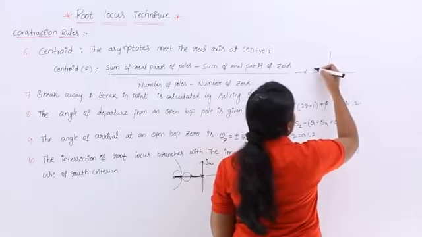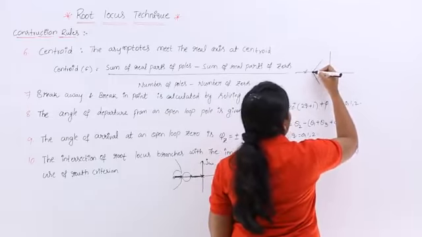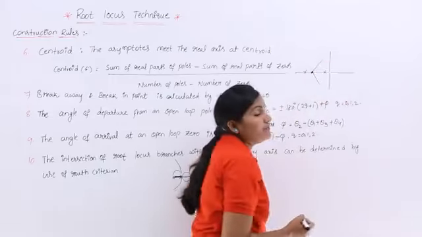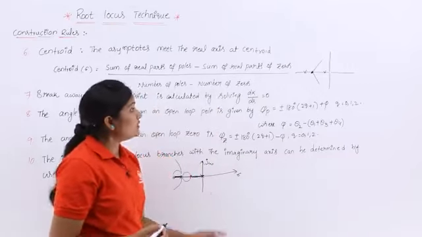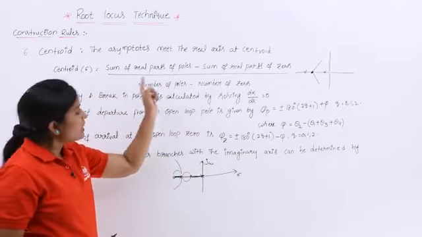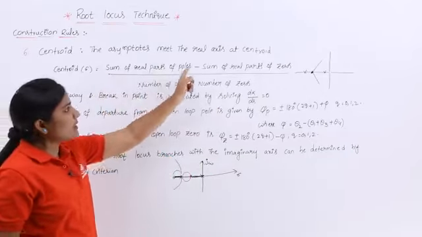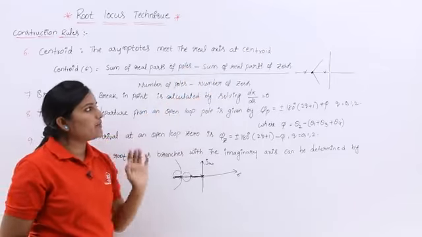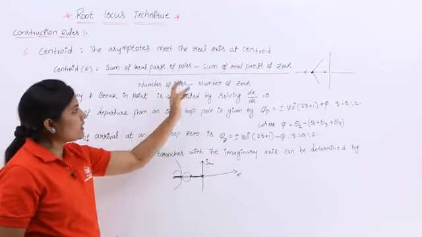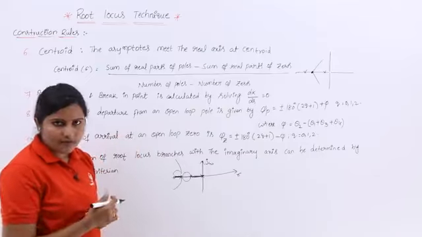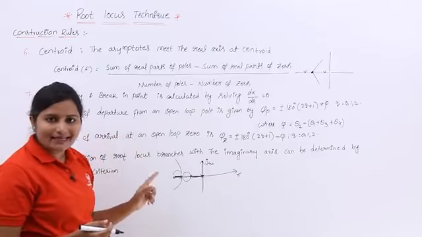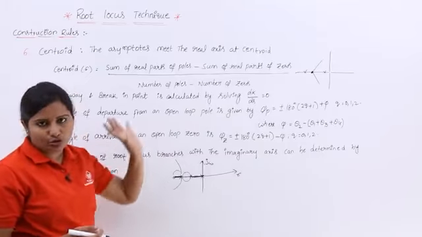Those asymptotes will meet at the centroid in the real axis. So this is the centroid. To calculate that centroid, the formula is the sum of real parts of poles minus the sum of real parts of zeros, divided by the number of poles minus the number of zeros. This is the formula to calculate the centroid for the root locus.